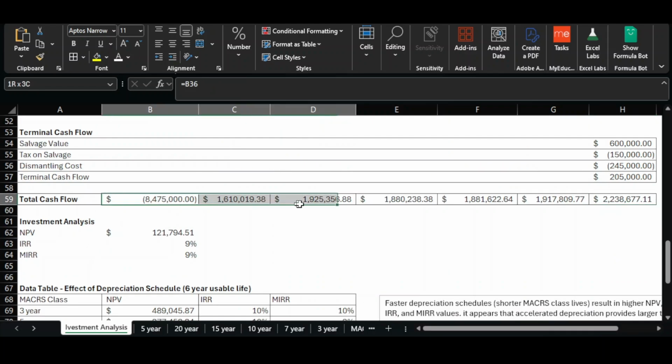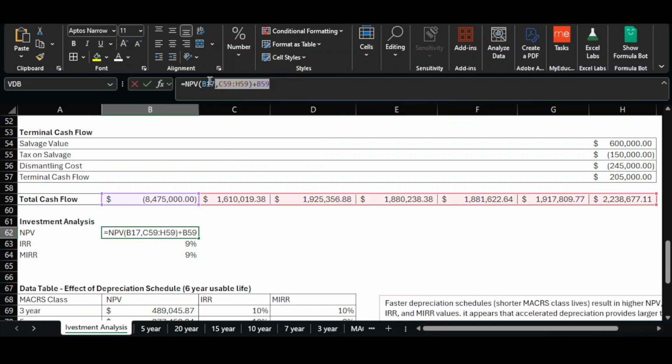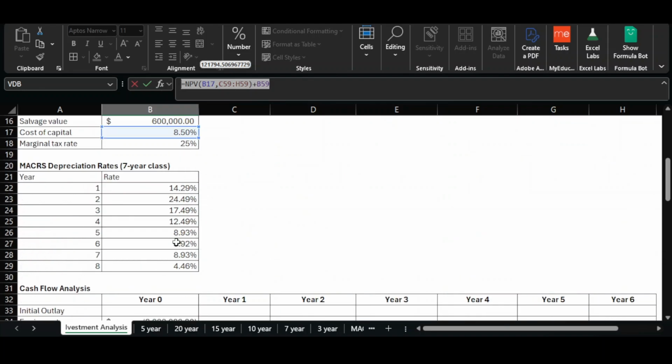so yeah, this row will now be used in measuring your net present value of your business, or investment in this context. So it is simply using the following Excel function, NPV. The parameters of it is it requires B17, which is the cost of capital. That's always required by NPV, hence it's given.